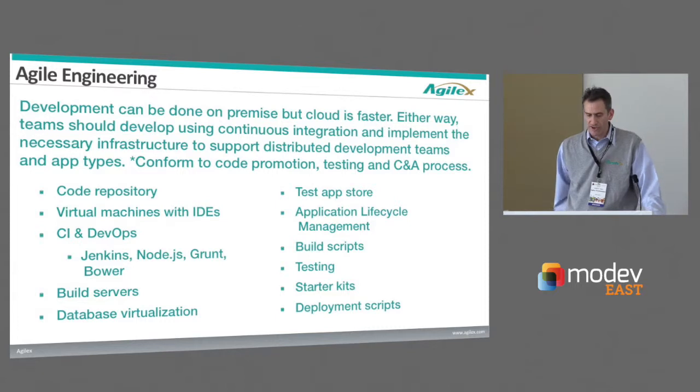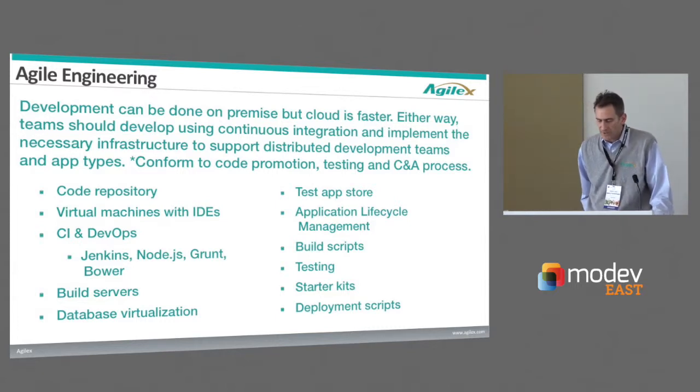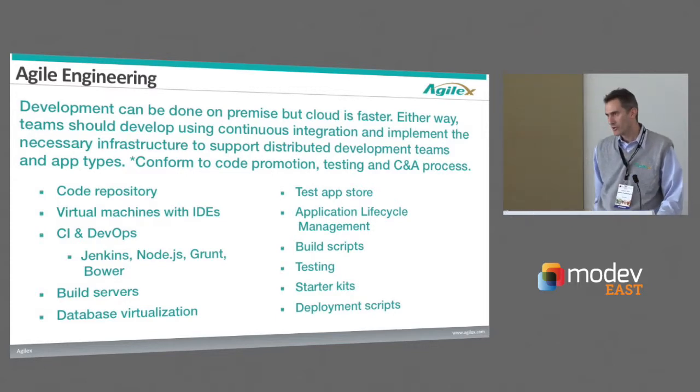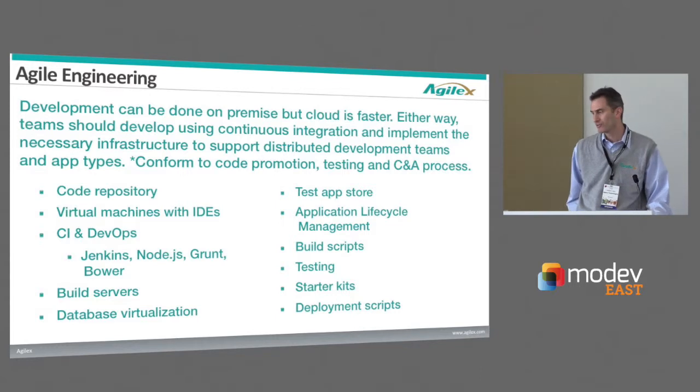So agile engineering is all about development. Development can certainly be done on premise, whether you're inside a customer's data center, but the cloud is definitely faster. You can more quickly, and I would say even more cost effectively, spin up infrastructure and environments in the cloud than you can on premise.